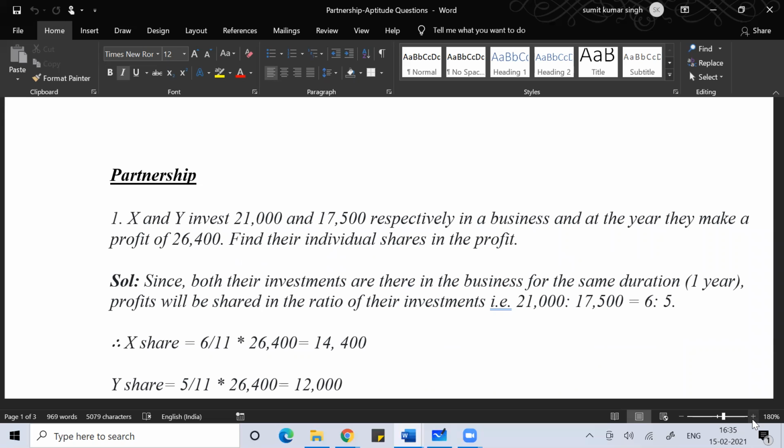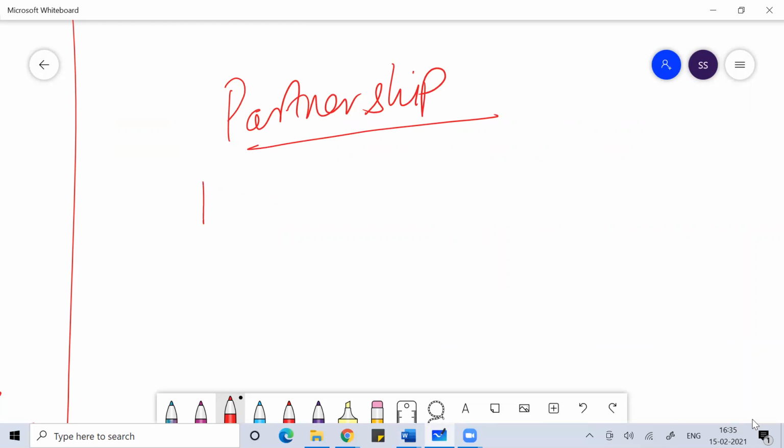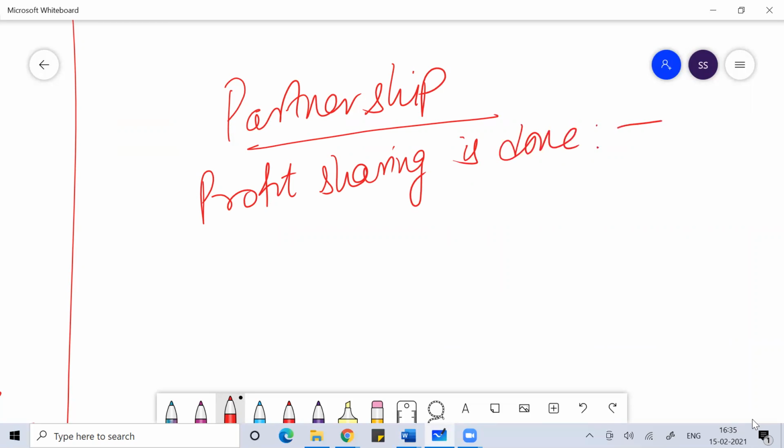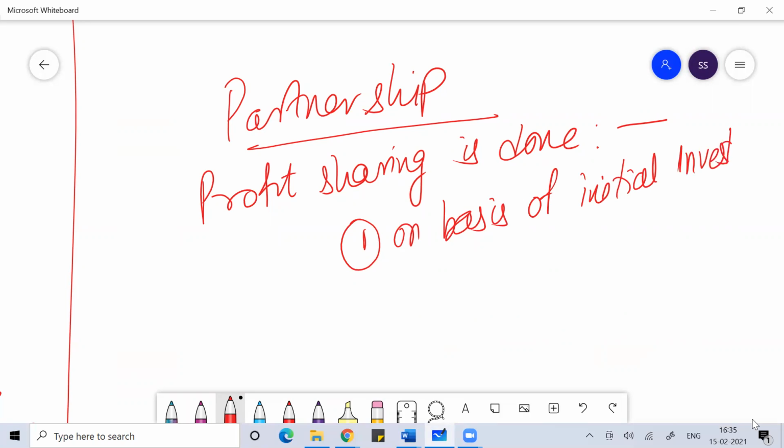When we are trying to solve problems on partnership, profit sharing is done on the basis of their initial investment, meaning how much money you're putting into the business.